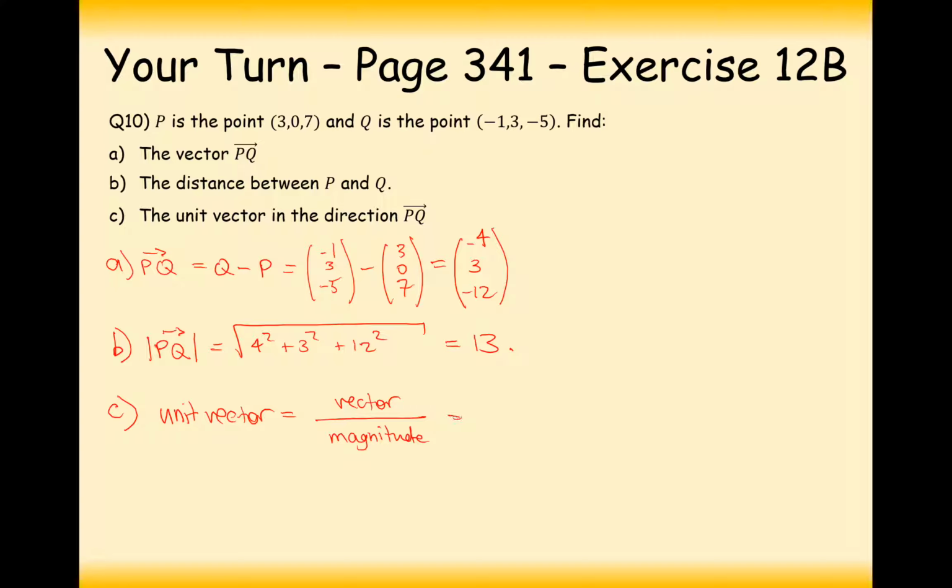So in this case here, the direction vector is going to be minus 4 over 13, 3 over 13, and minus 12 over 13. And this vector here, if we were to draw it out and measure it out with a ruler in 3 dimensions, we'd have a distance of 1. That's what it means to be a unit vector, units being 1.